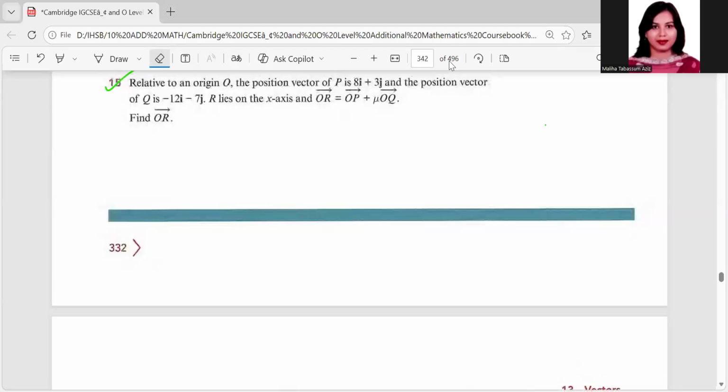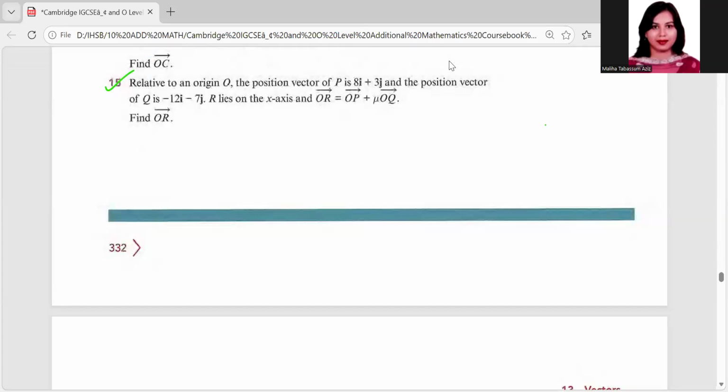The position vector of P and the position vector of Q are given to us. R lies on the x-axis and vector OR equals vector OP plus mu times vector OQ, where mu is a scalar constant.